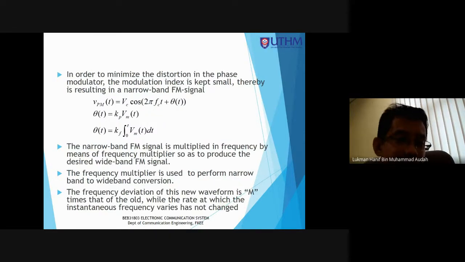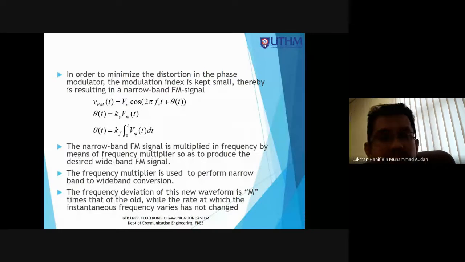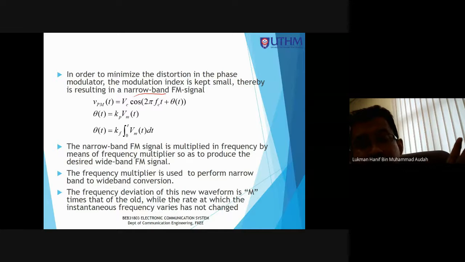Okay, so what happened? So in order to minimize distortion of the phase modulator, the modulation index is kept small, thereby resulting in narrowband FM. Keluaran yang kita hasilkan adalah narrowband FM, bermakna output ini mempunyai bandwidth yang kecil.